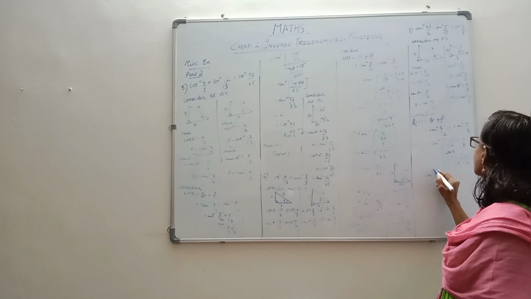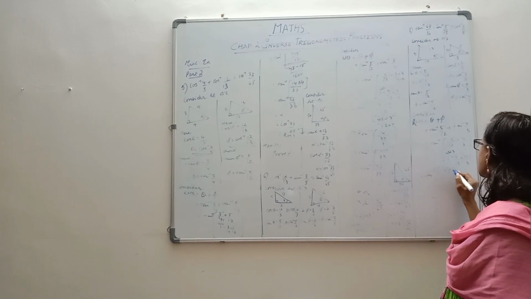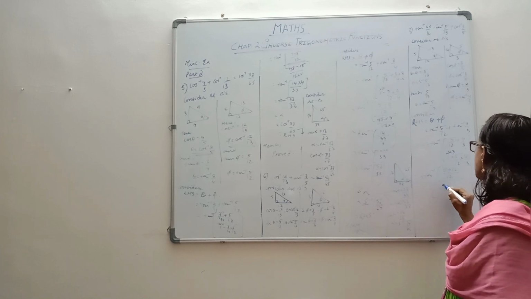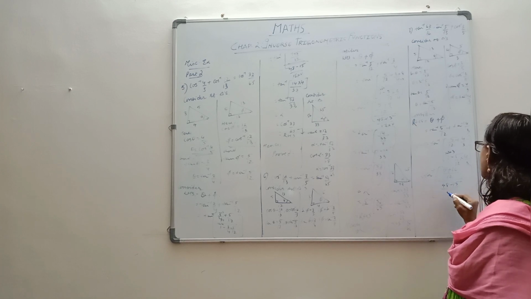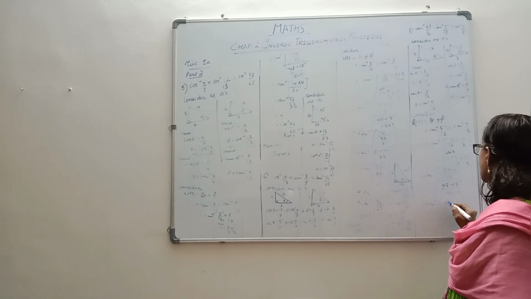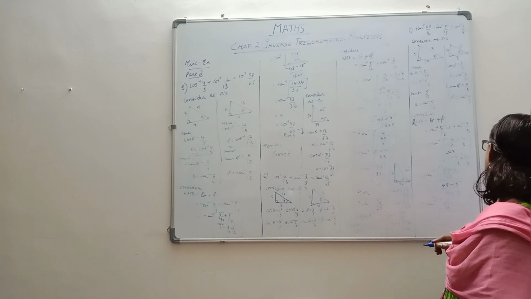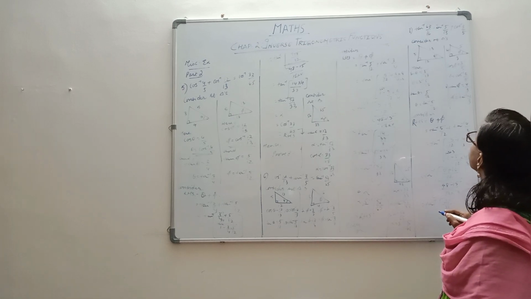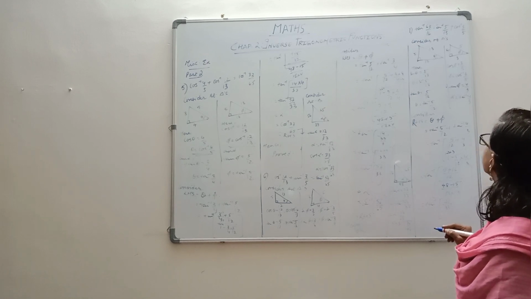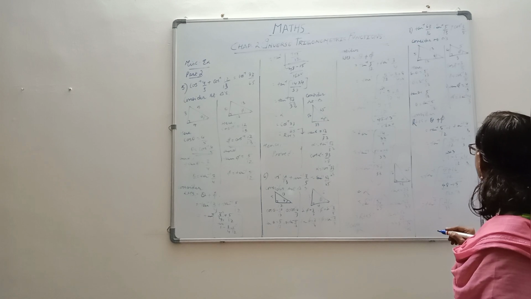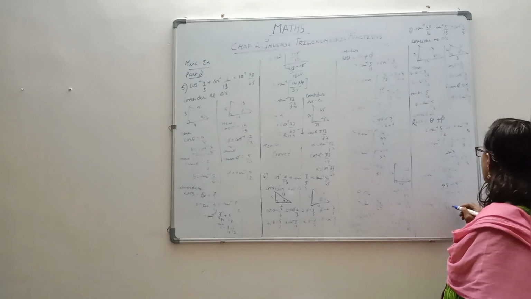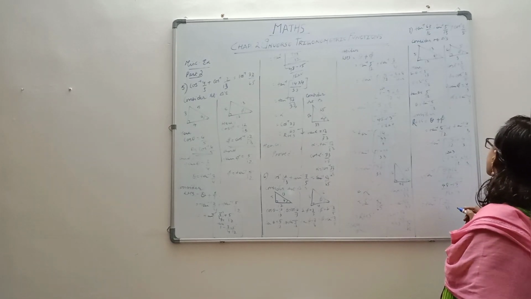So let's see. Tan inverse of 5 plus 16 by 12 whole by 48 minus 15 by 12 into 3. 12 can cancel. Tan inverse of 21 by 33. Yeah, I hope it's correct. 8 minus 5, yeah, 33 by 3.